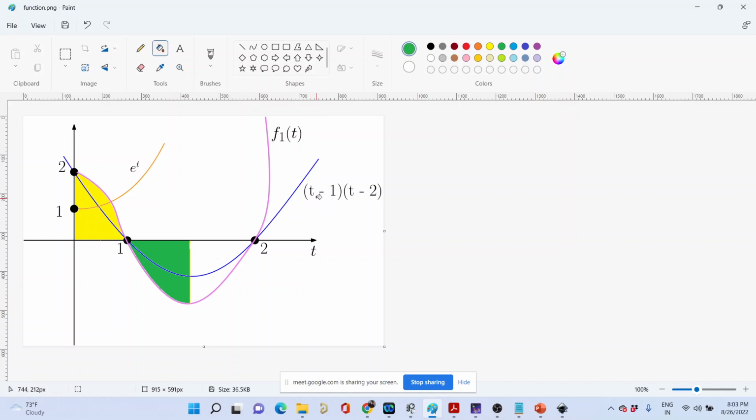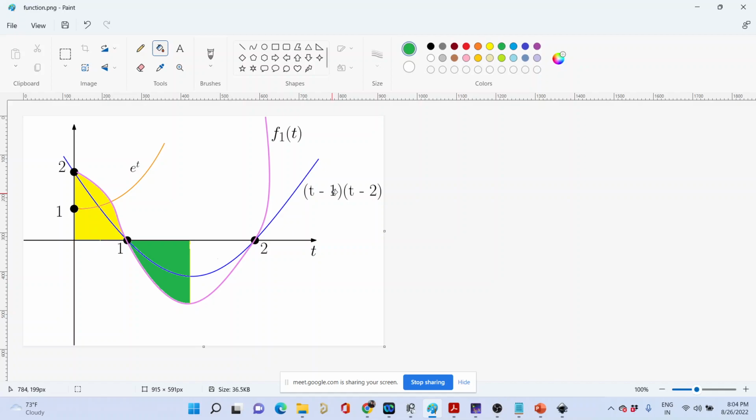When t equal to 0, what is the value of the function? It is 2, right? And when t equal to 1, and t equal to 2, by putting the values. No, I am not directly saying it is a parabola by putting the values.